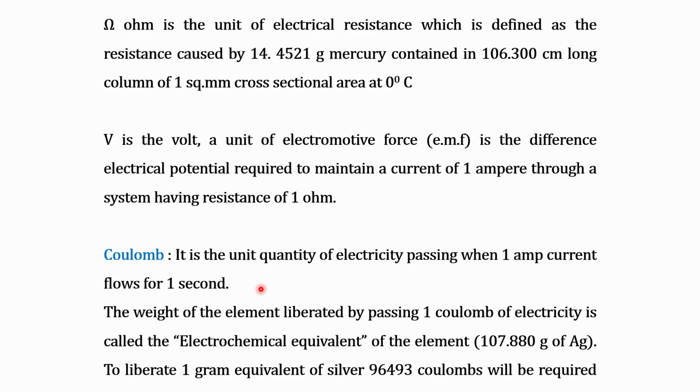Now, you will be surprised to know that the same 96,493 coulombs will be required to precipitate any element in its equivalent weight in grams. So, suppose you want to liberate sodium. What is the atomic weight of sodium? 23.